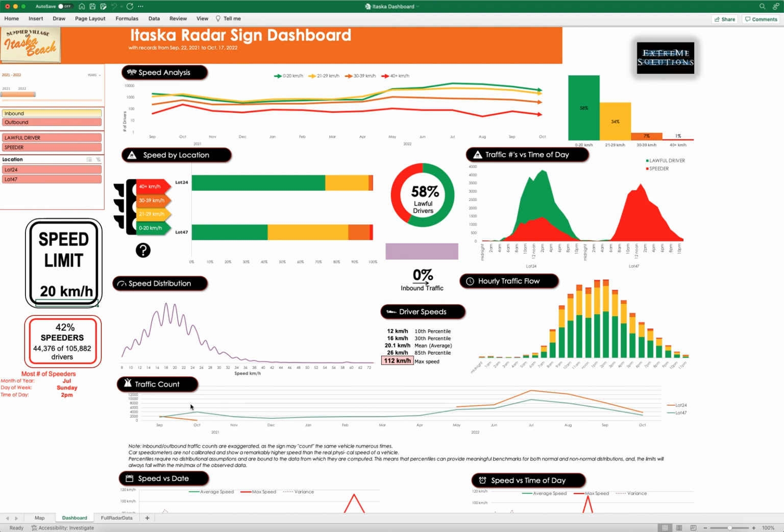So my vehicle driving towards one sign could see that speed 3 or 4 times, and it's going to count that as 3 or 4 cars. So when we see numbers like 12,000, that's not 12,000 vehicles, that's 12,000 pulses of that radar sign. And of course, the slower we're going, the more likely it's hitting the same vehicle multiple times.